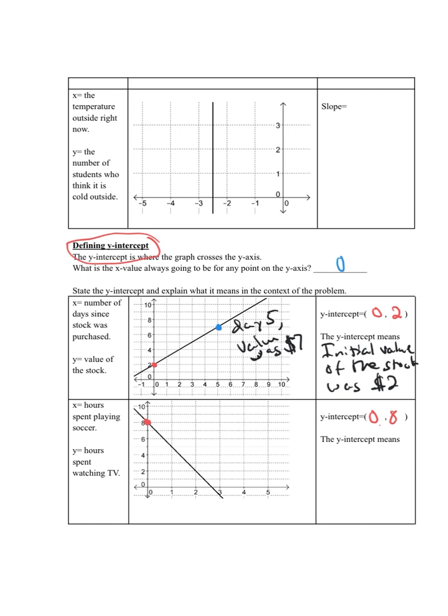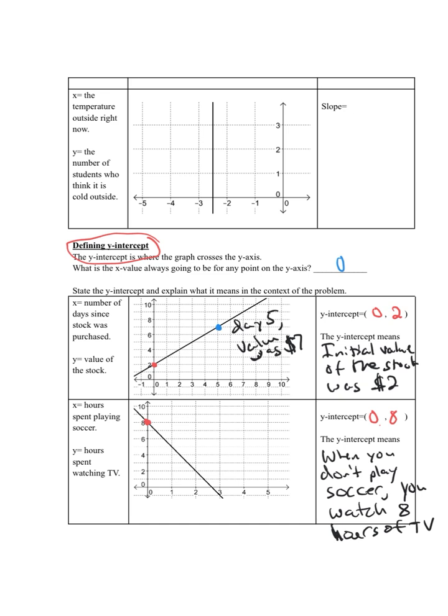So you can describe that similarly for any point, but in particular, the y-intercept is when x is 0. And similar for the 0, 8, well, x is 0, so that means no soccer. So you could say when you don't play soccer, you watch 8 hours of TV.